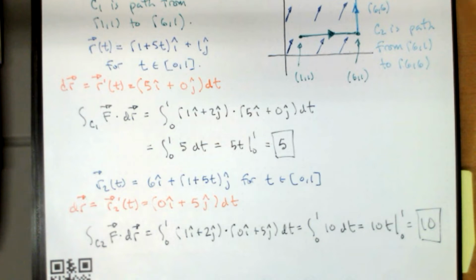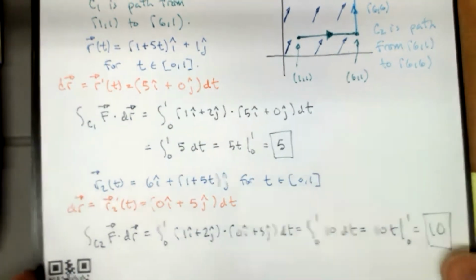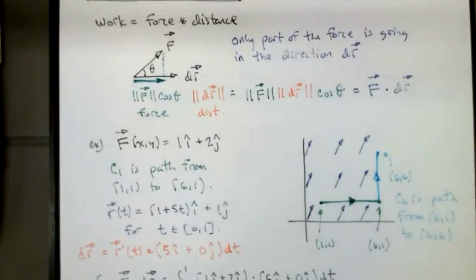Let's take these two paths and put them together. Let's suppose that C3 is going to be a combination of these two paths. So we'll still have the same vector field.